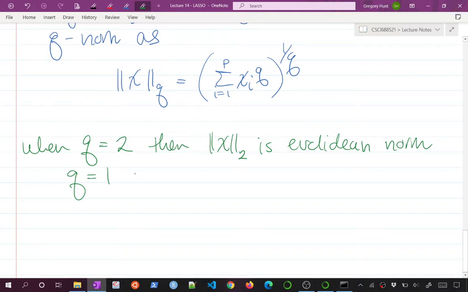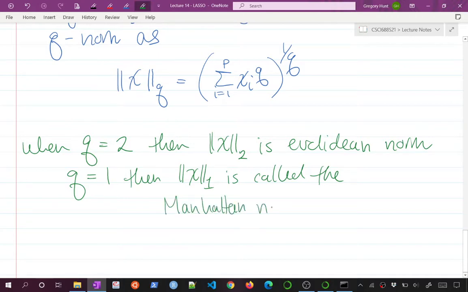Maybe q is 1. In this case, we'd write it x with my bars, and we'll put a little subscript 1. This thing is called, let's say, the Manhattan norm. Or, more simply, the 1 norm.